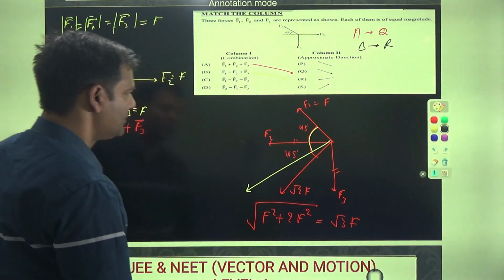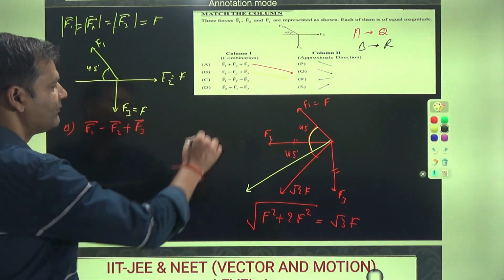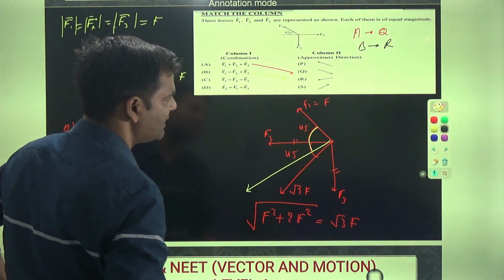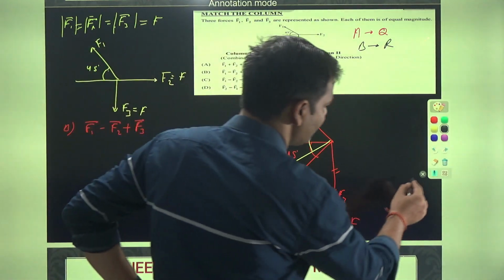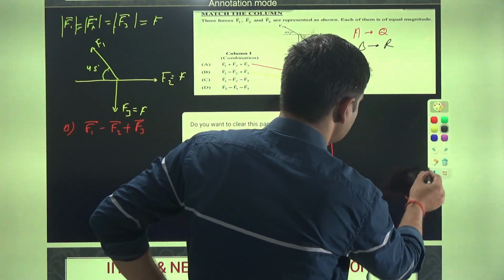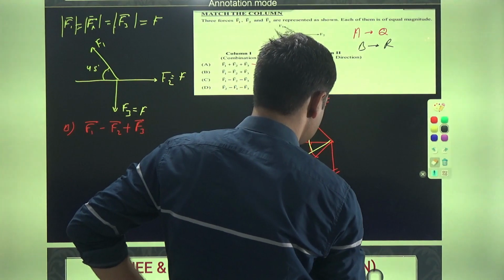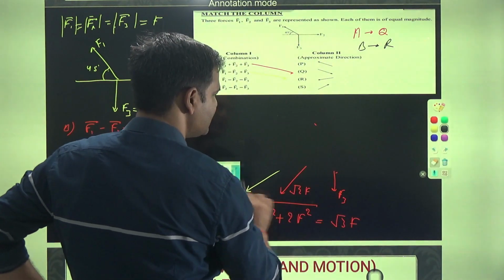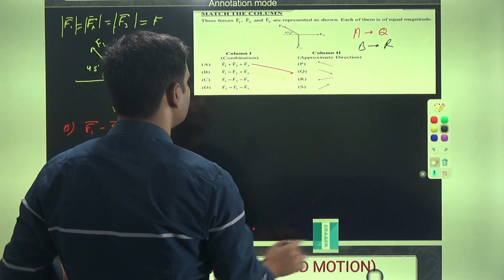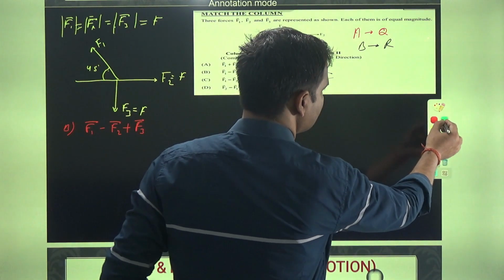Now next, F1 minus F2 minus F3. Our next target is to focus on F1 minus F2 minus F3. So how can we do it?